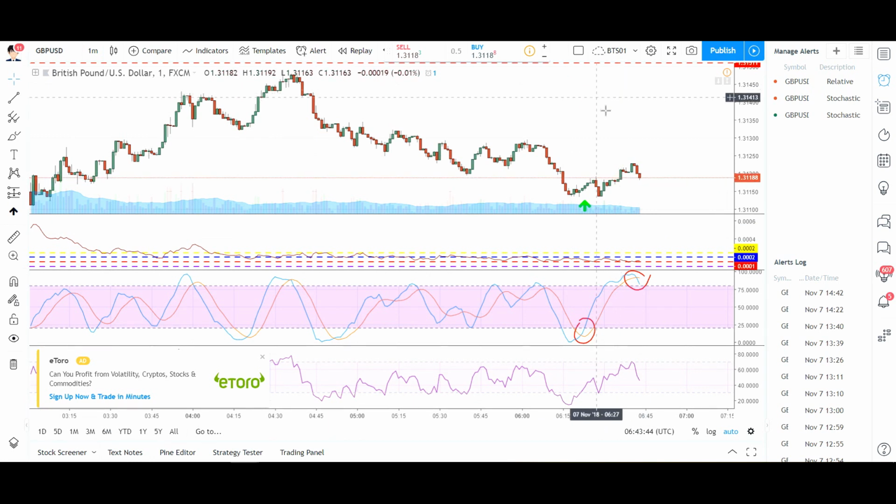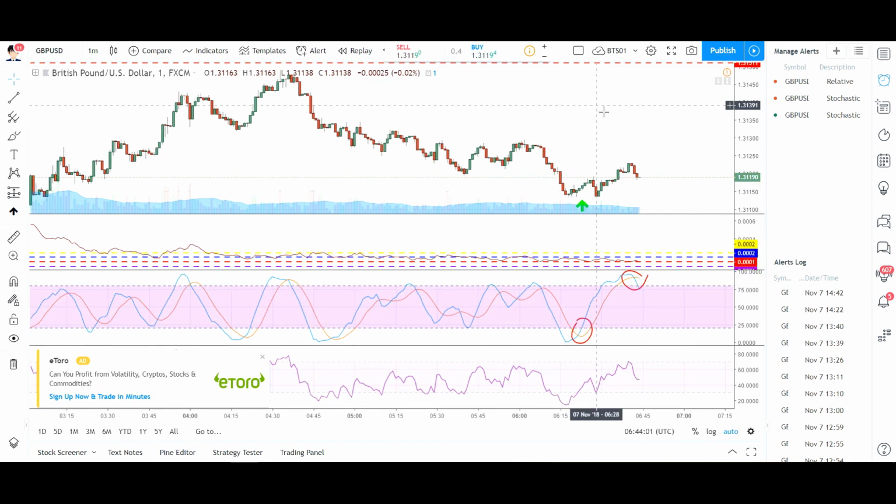The previous signal's alert came at about 6:22 and 10 seconds, so we just had to wait 20 seconds to check, and this one we had to wait about 40 seconds to counter-check, because the alert came out at 6:42 and 50 seconds, so we wait for 6:43 and 30 seconds.